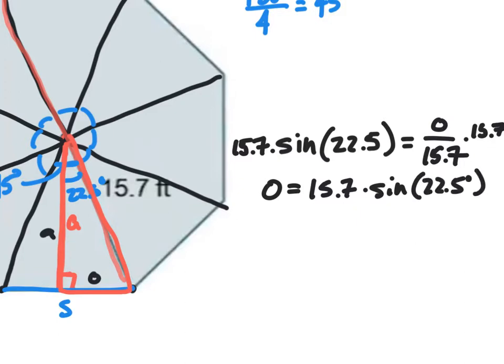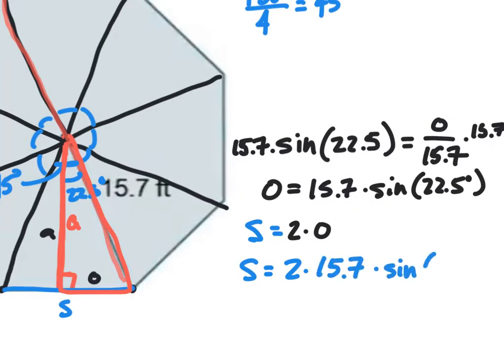If I wanted to find side length S, I know that S is equal to 2 times the length of my opposite side, double that length. So S is 2 times 15.7 times sine of 22.5 degrees. Let's plug that into the calculator, sine of 22.5.